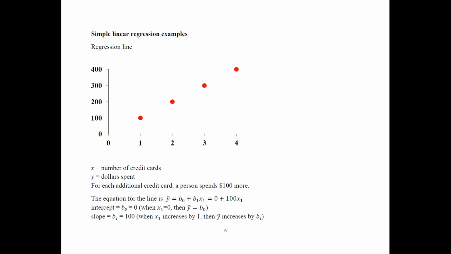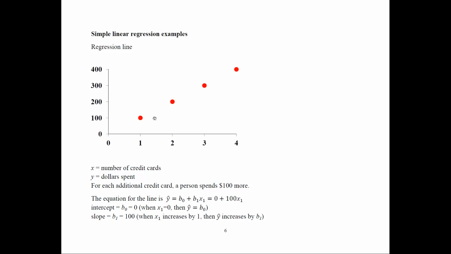So let me give you a few very simple examples of a linear regression line. So here's the easiest example that I have. X would be our independent variable, and that would be the number of credit cards, and Y would be the dollars spent. And we're plotting here a scatter plot of X versus Y. And I picked numbers that are perfectly on a straight line.